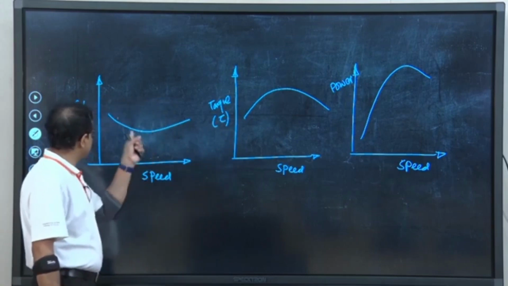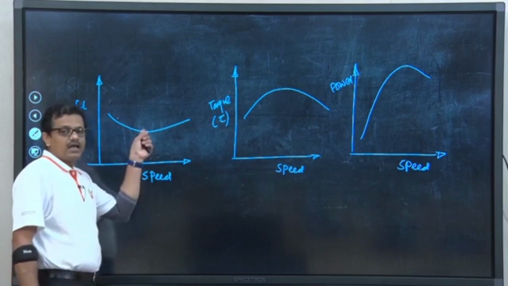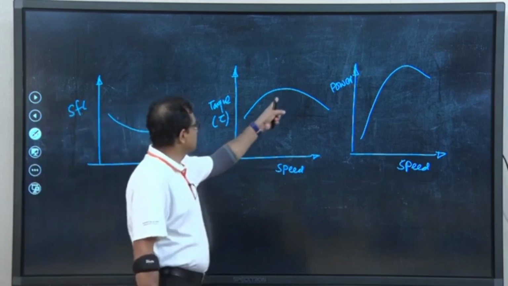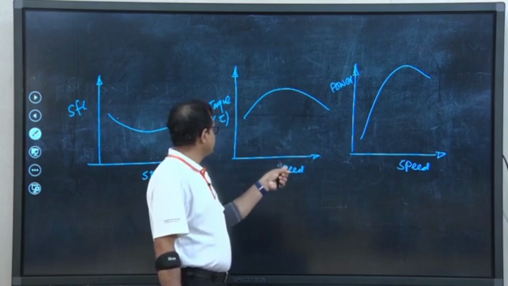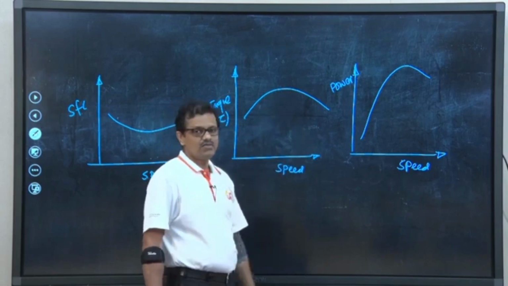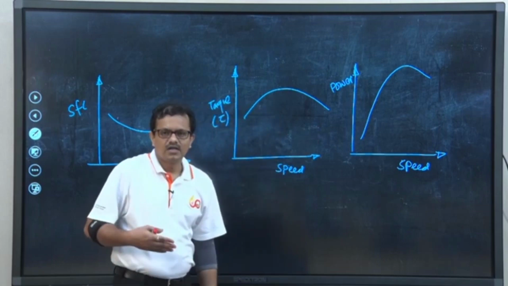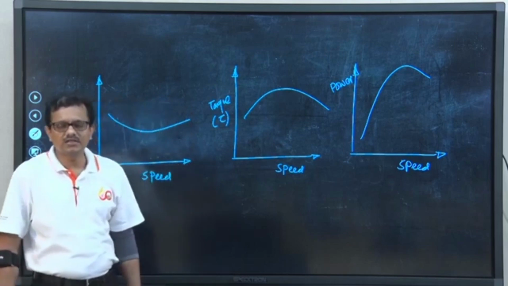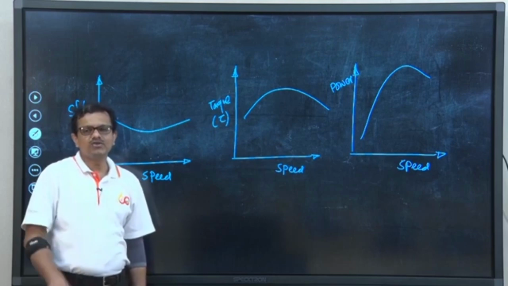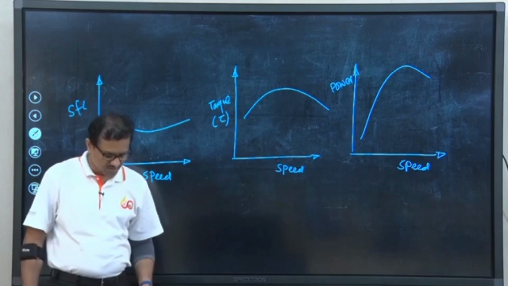If we increase speed, SFC decreases, reaches its minimum and then again increases, while if we increase speed, torque increases, finally becomes maximum and again decreases. The physical reasoning behind the nature of these curves we will explain when we solve any numerical problem, whether it is for a CI engine or SI engine.